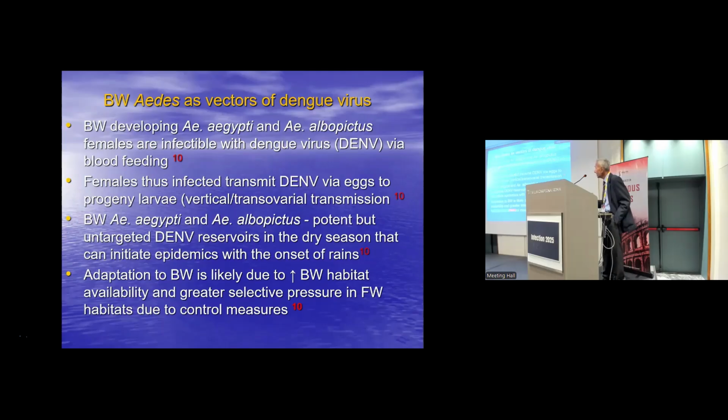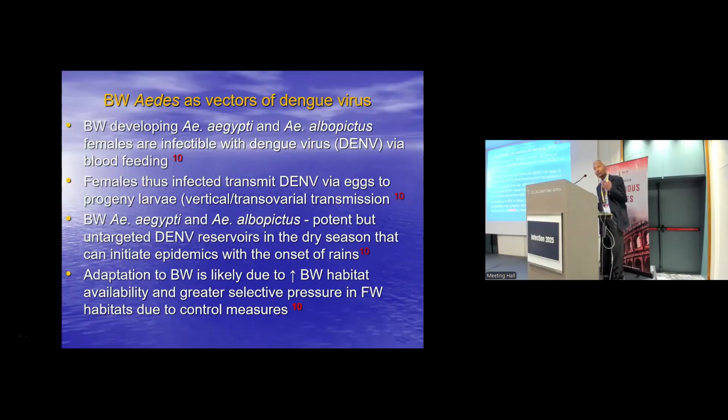Here are some interesting and important properties. The brackish water developing Aedes aegypti and Aedes albopictus are infectable with dengue virus by blood feeding, so they can serve as vectors. These infected females are able to transmit the dengue virus via eggs to the larvae that hatch from them. So we have vertical or transovarial transmission, which can continue over several generations.